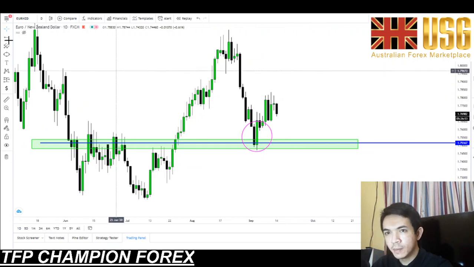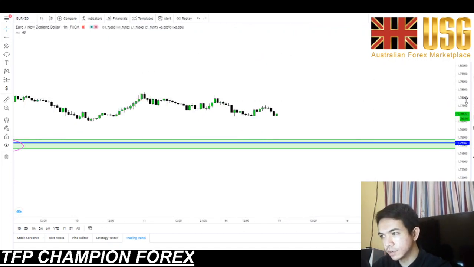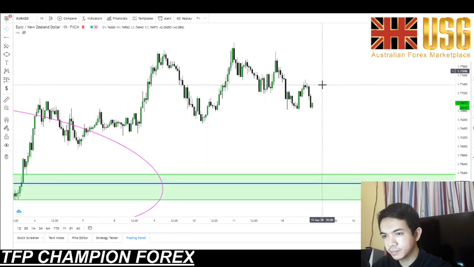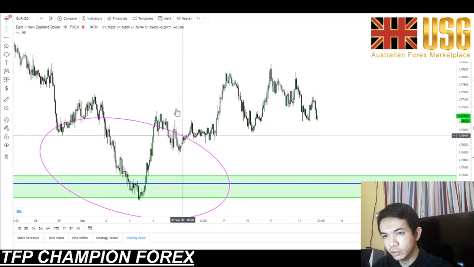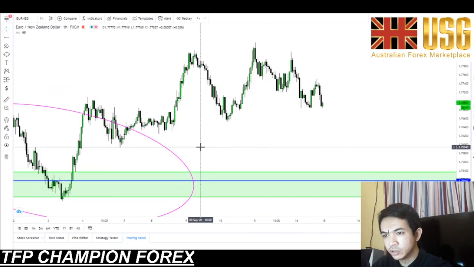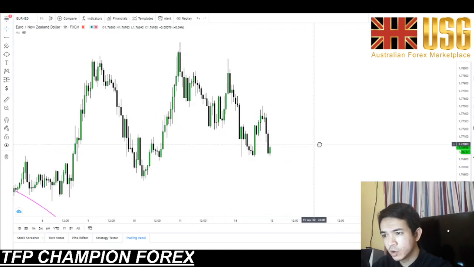So going to the lower time frame at H1, where am I in the market? This circle I know is the bullish engulfing candle. But currently at H1, where am I?